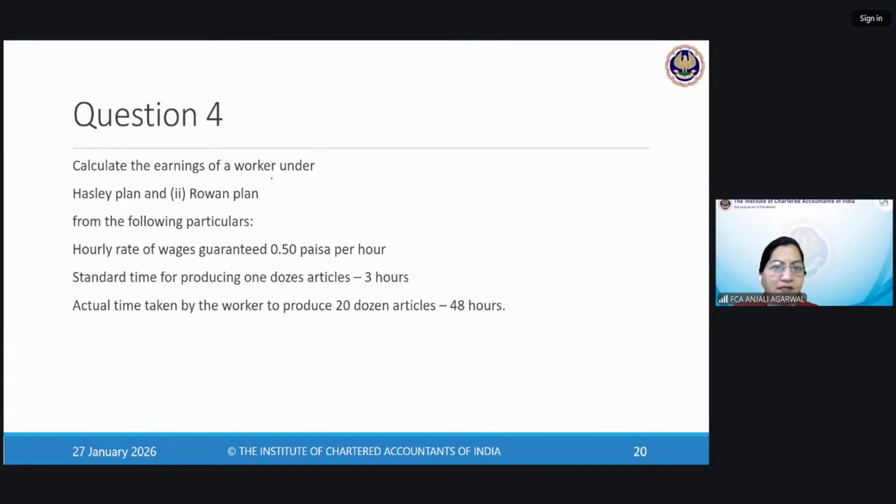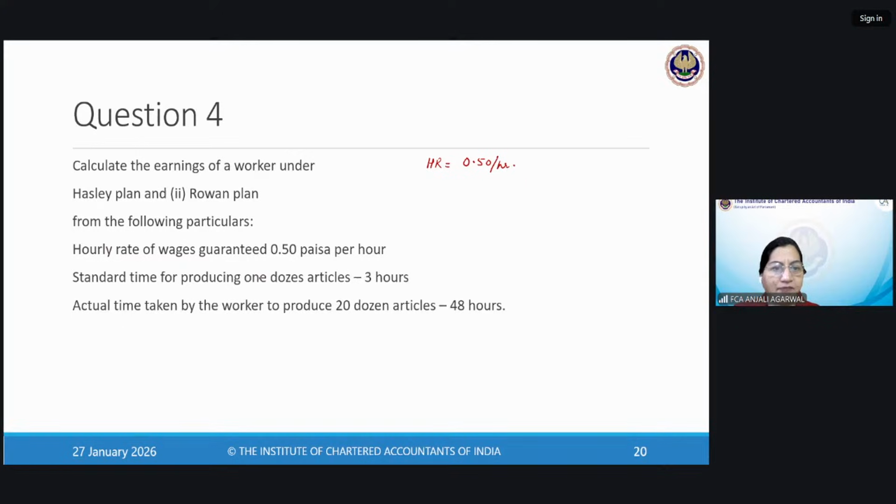Calculate the earnings of the worker under Halsey plan and Rowan plan from the following particulars. The hourly rate of wages guaranteed is only 50 paisa per hour. So the hourly rate is given as 0.50 per hour.